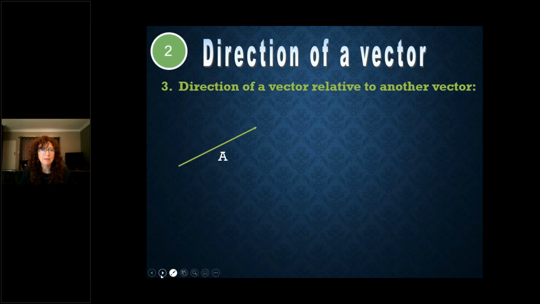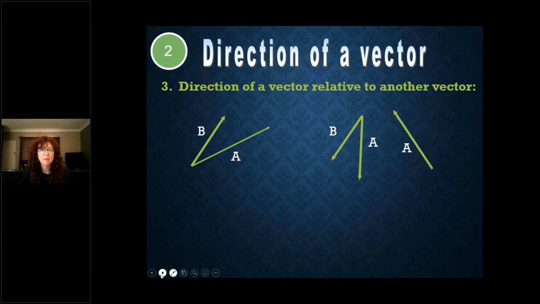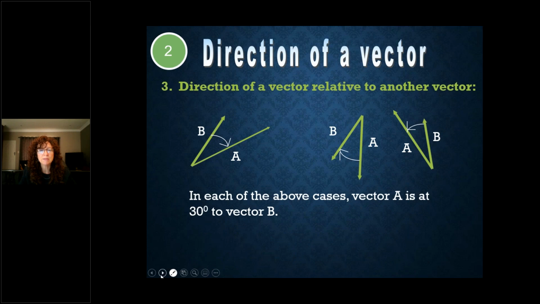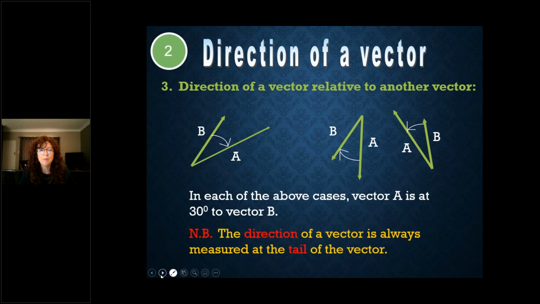The direction of a vector relative to another vector. All right, relative to another vector, you will see you have A and B in different places relative to each other. In each of the above cases, vector A is at 30 degrees to vector B. Okay, so you will state then that the direction of A is 30 degrees to vector B. All right, or 30 degrees downwards.